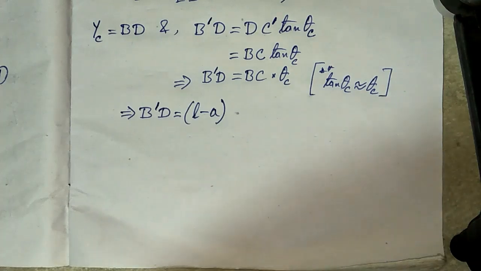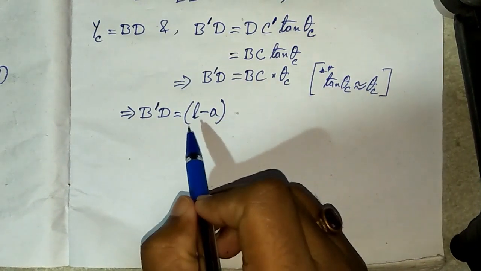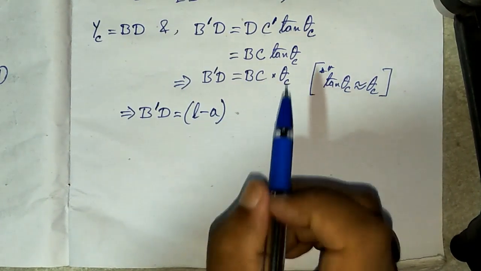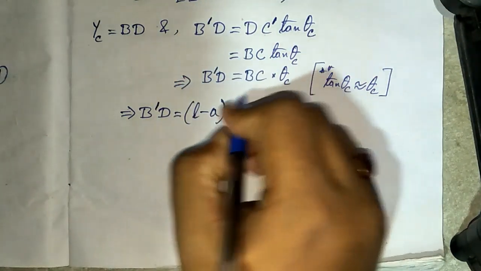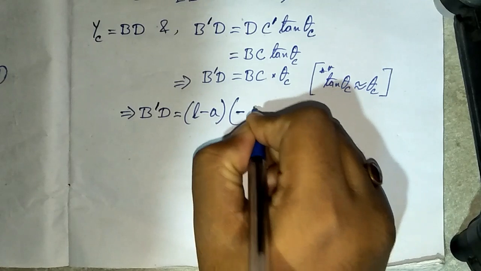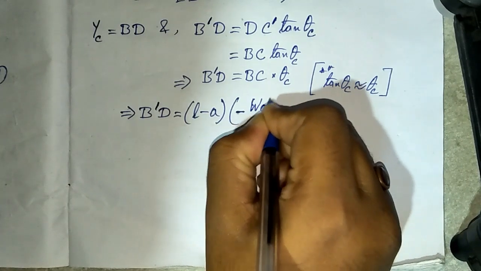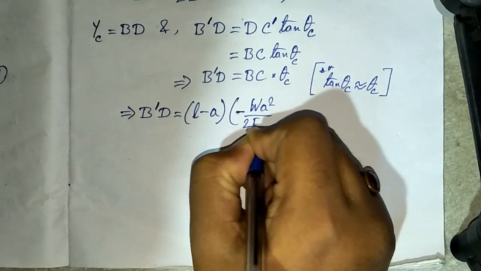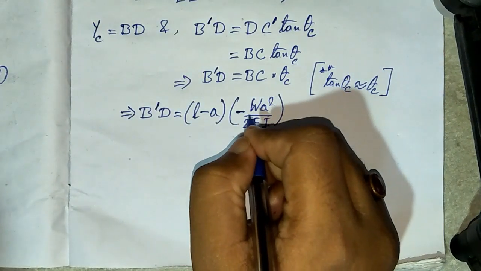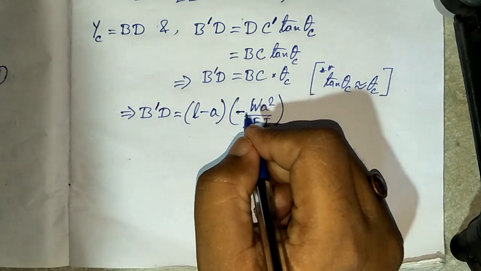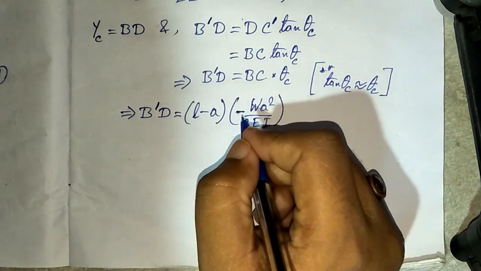The value of BC is L minus A, and the value of theta c we have already found, that is W into A square by 2EI. So this is the value of B dash D.